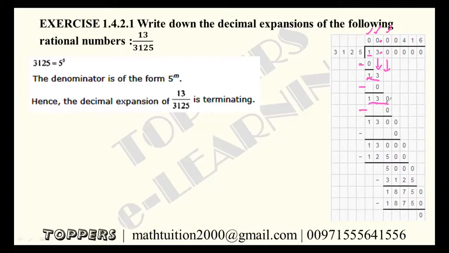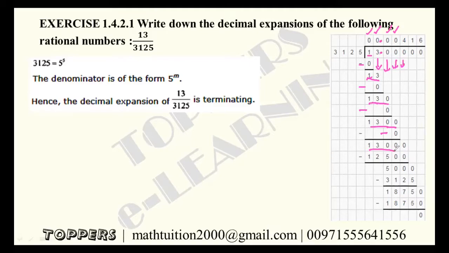Subtract, so you get 130. Bring this 0 down, so it becomes 1300. Again, it's small. How many times does 3125 go into 1300? 0 times. 0 multiplied by 3125 is 0. Subtract, so 1300. Bring this 0 down.